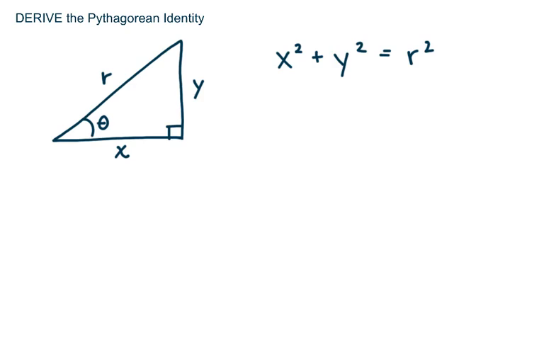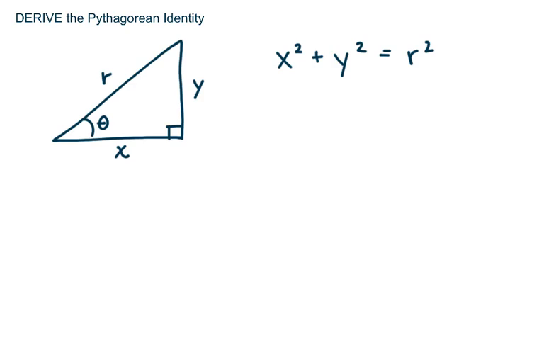And again, these variables can be whatever we want them to be. I'm just trying to use variables that we've seen already. So I used x for the horizontal, y for the vertical, r for the radius or the hypotenuse. So let's think about developing some trig identities.